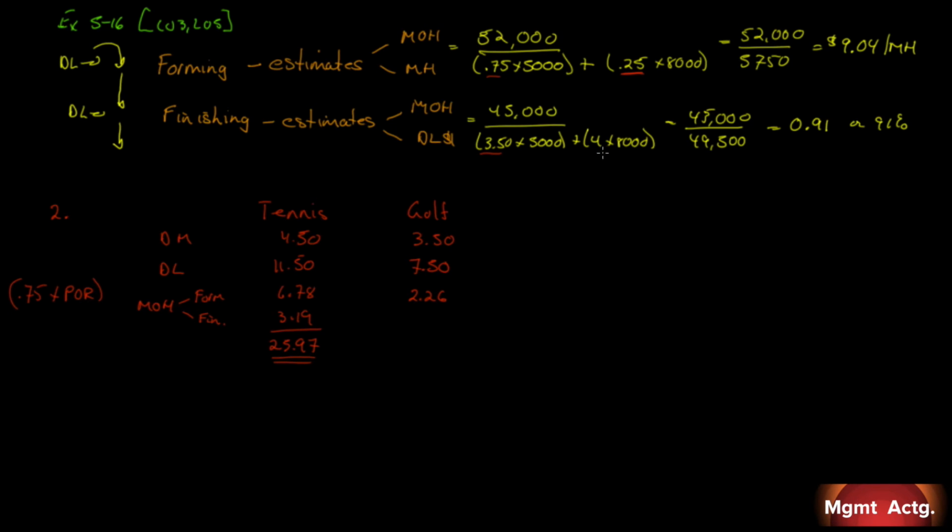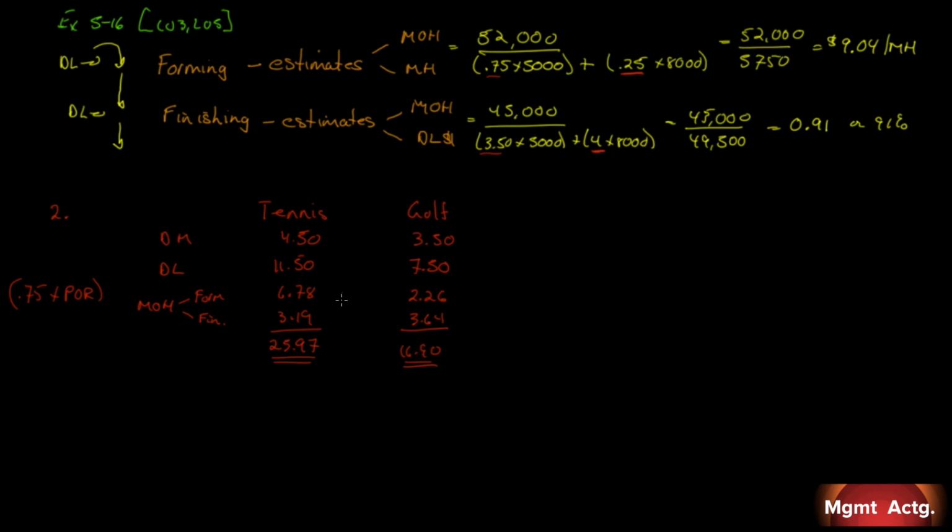Here, we're taking the $4 direct labor cost and multiplying it by the 0.91. We're just applying overhead. If you do that, we'll get $3.64. And if you add these up, we get $16.90 in the golf club per unit.